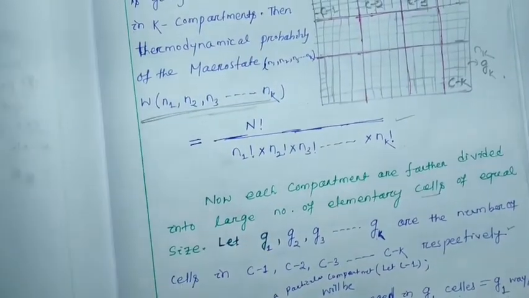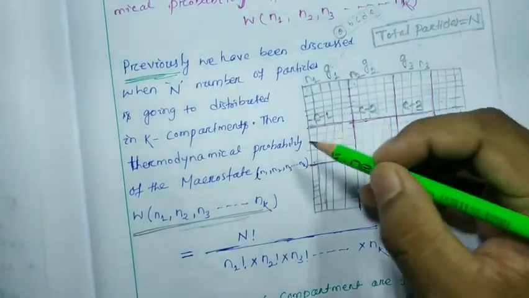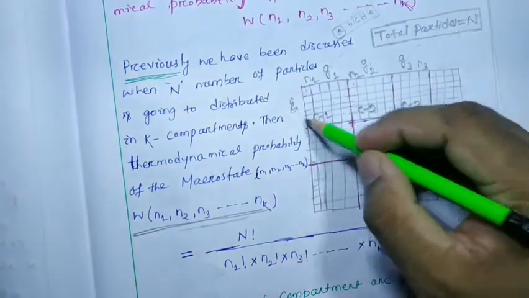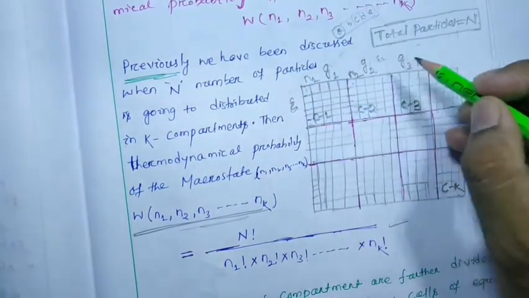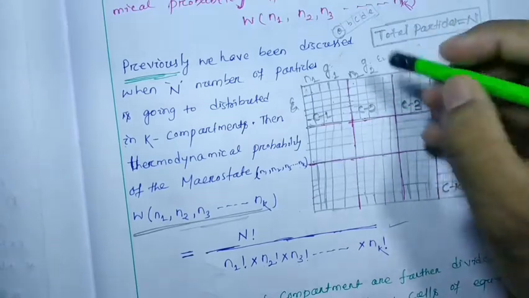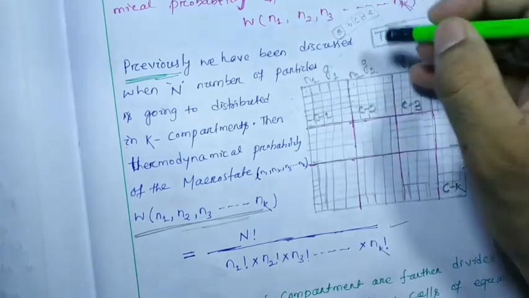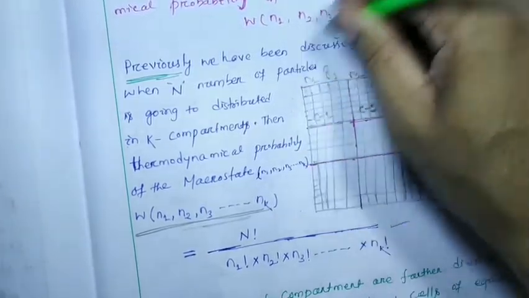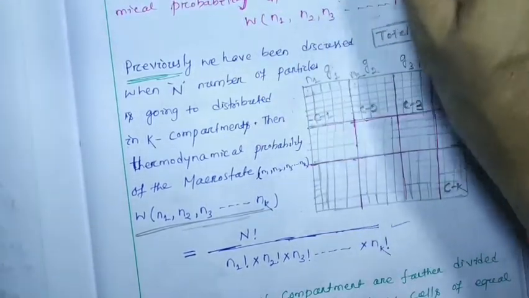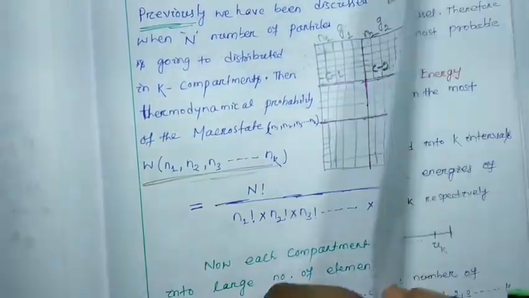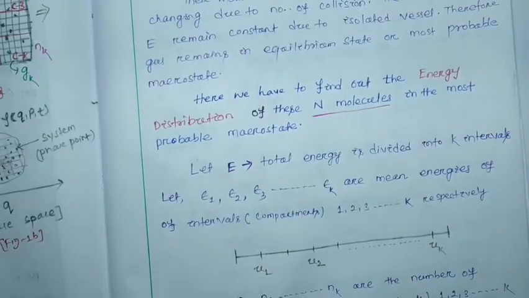Just imagine that epsilon 1 is the mean energy of this compartment, epsilon 2 is the mean energy of this compartment. Don't write A, B, C, D, E here, I only explained with those. You have to write whatever I wrote in the note.